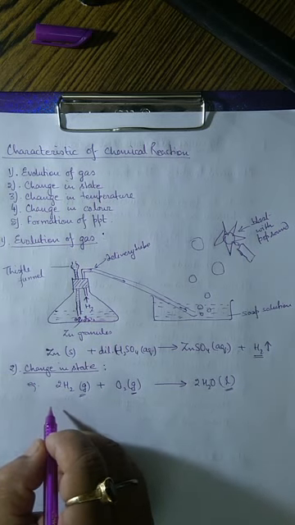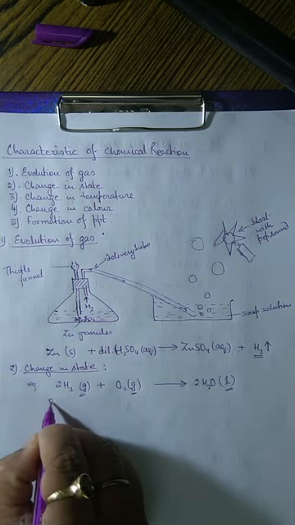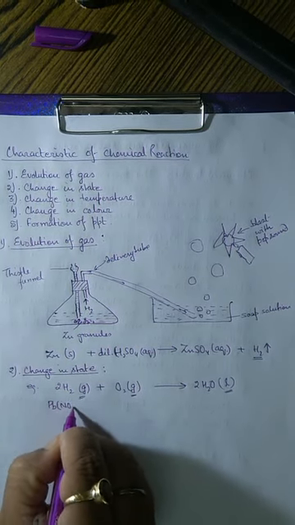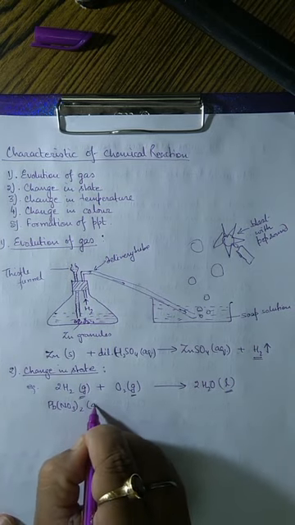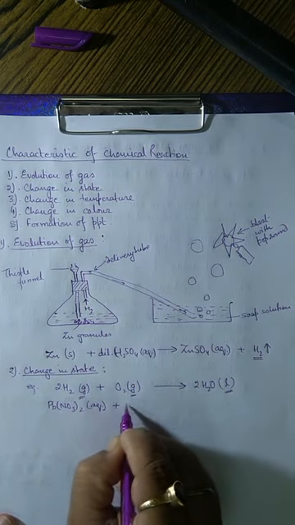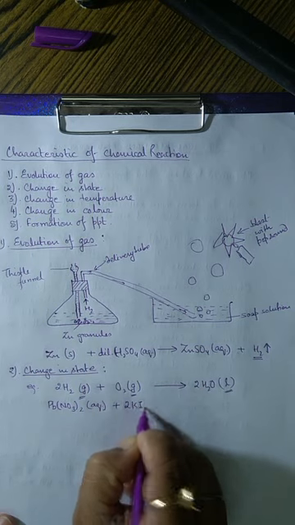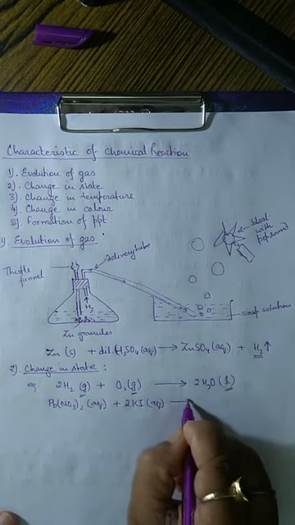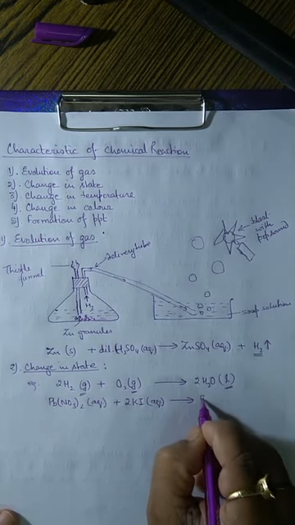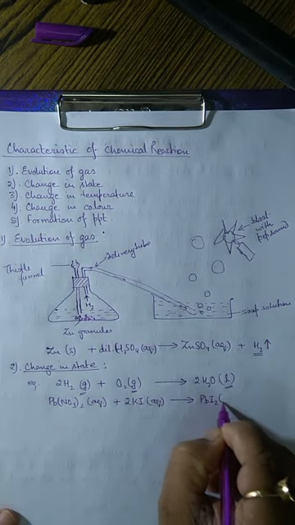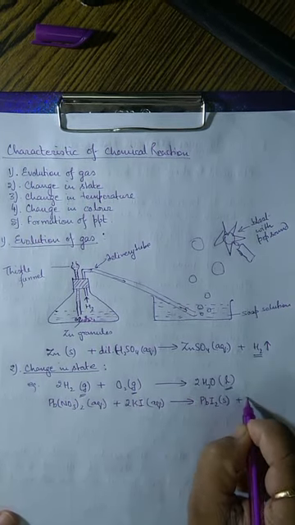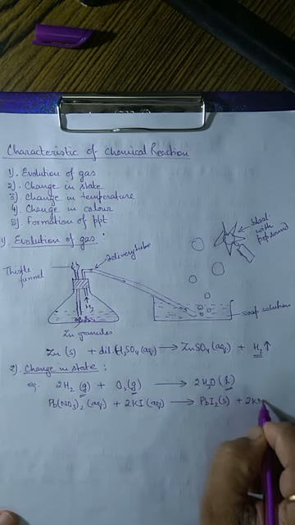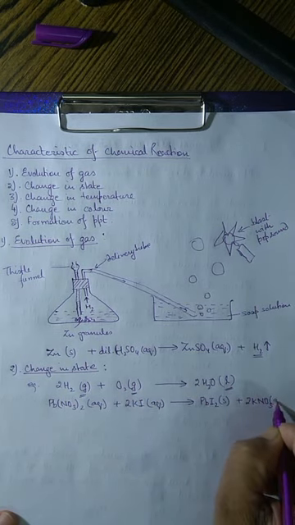One more example I will take here. Lead nitrate, Pb(NO3)2 aqueous, reacts with 2 potassium iodide, which is again aqueous here, gives lead iodide solid plus potassium nitrate aqueous.